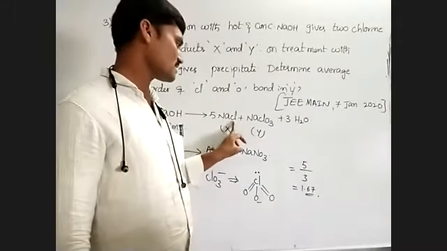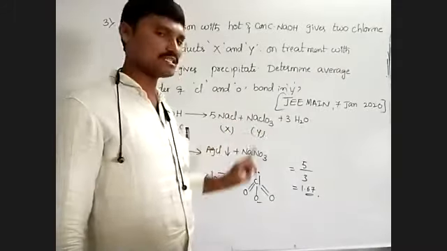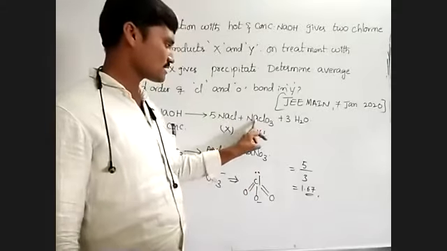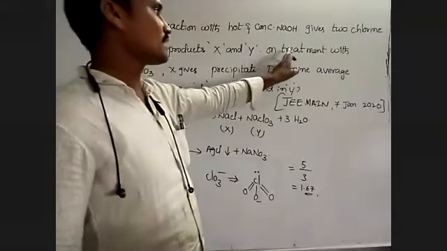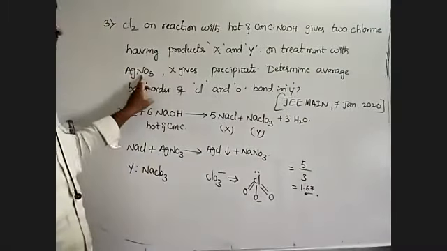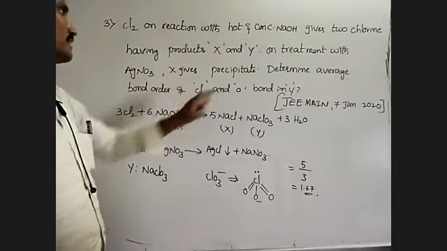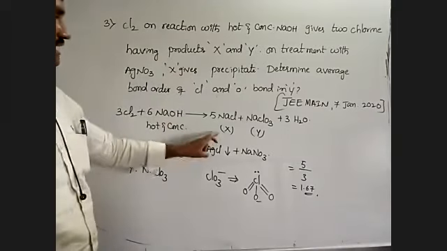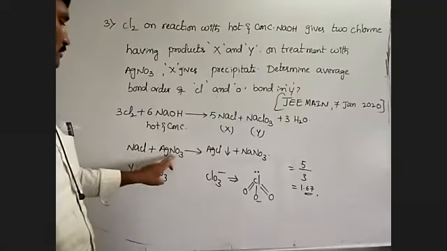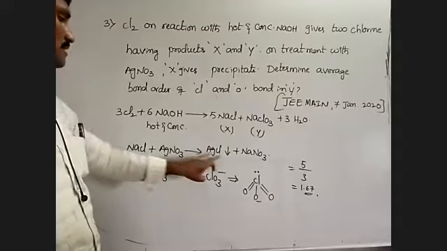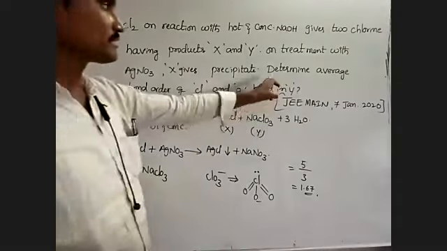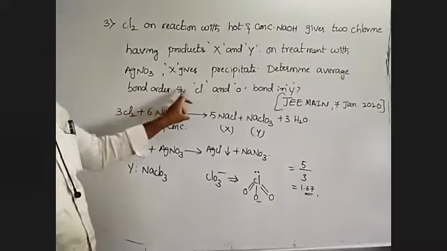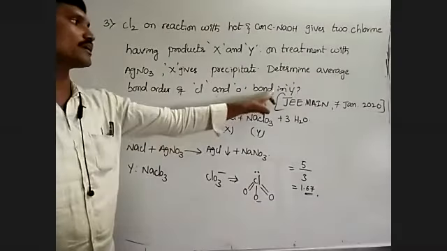One is NaCl, another is NaClO3. This is compound X, this is compound Y. Another statement: on treatment with AgNO3, X gives a precipitate. When compound X is reacted with AgNO3, a precipitate, silver chloride, is formed. Determine the average bond order of the chlorine and oxygen bond in Y.